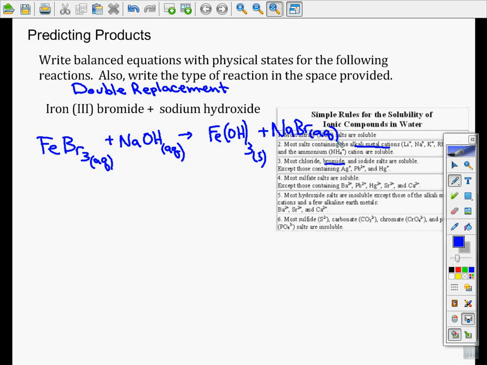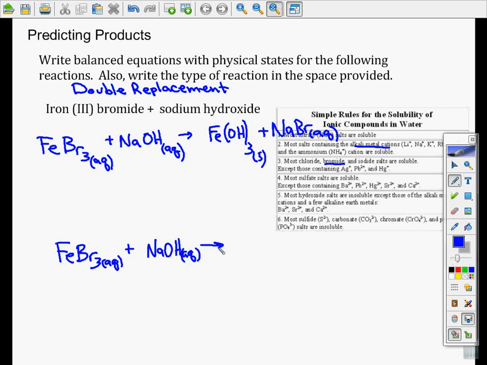So I'm going to rewrite this down below so we can balance this a little easier. Let's go with our iron 3 bromide, aqueous, plus my sodium hydroxide. I leave a little room so I can put in my coefficients, aqueous.